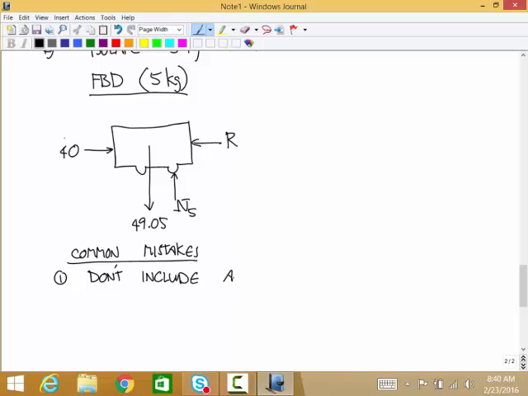Don't include any forces on outside objects. I think a couple of people put the force that the 3 applies to the 5, but also put the force the 5 applies to the 3. We don't care about what forces are being applied to the 3. Okay? We only care what forces are being applied to the 5.